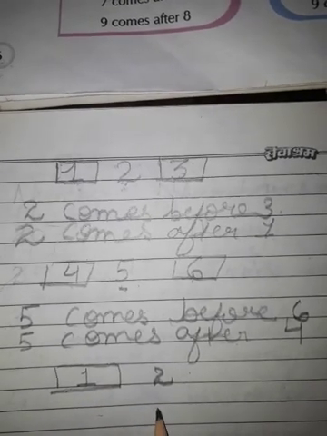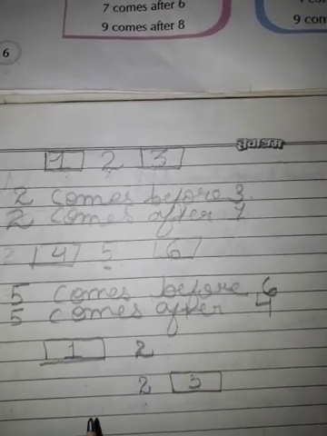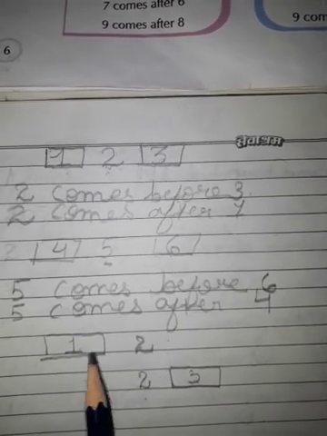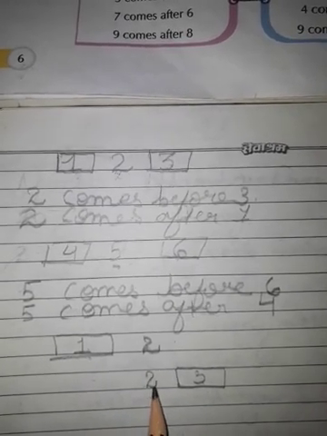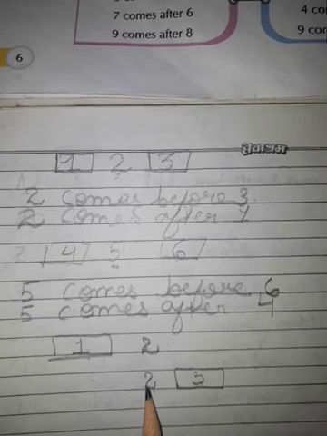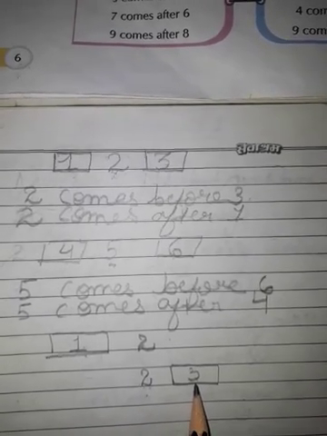And if you have a box like this, after 2, which number comes after 2? 3. It's clear to all of you. So before means less number, a smaller number, and after means a greater number.